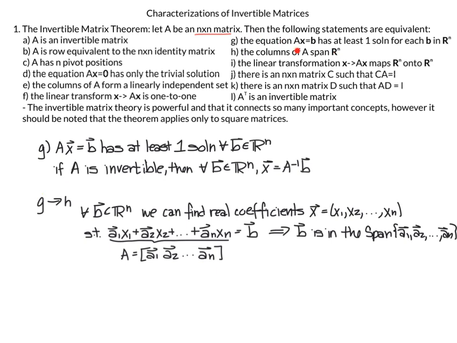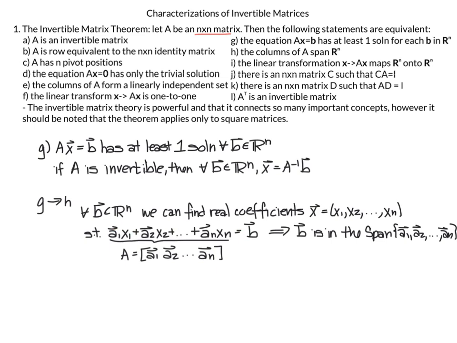For G implies H, the columns of A span Rn. So what we have is, for every b in Rn, from G we can find real coefficients, the vector x, which is also x1, x2 up to xn, such that a1 x1 plus a2 x2 plus up to an xn is equal to b, where a1, a2, up to an are the columns of matrix A. We've already said from part G that A times our vector x equals b has at least one solution.